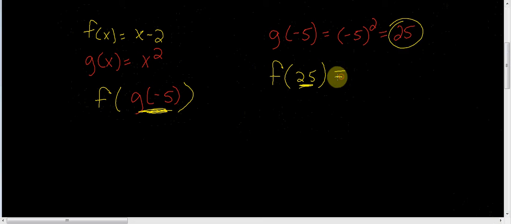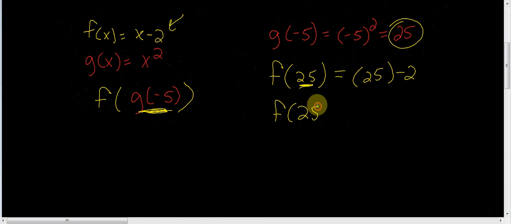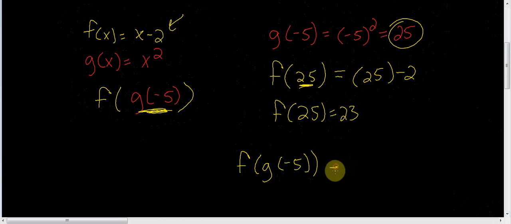So I put in 25 in place of x, and then I subtract 2 because that's what it's telling me to do right there. And so I have f of 25 is equal to 23. My final answer then is f of g of negative 5 is equal to 23.